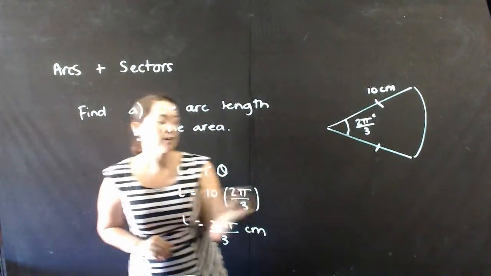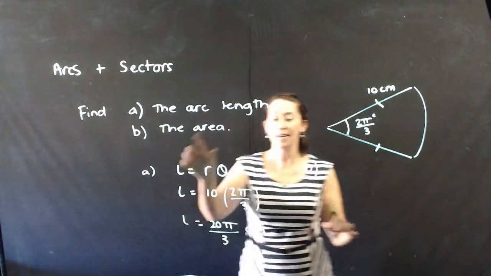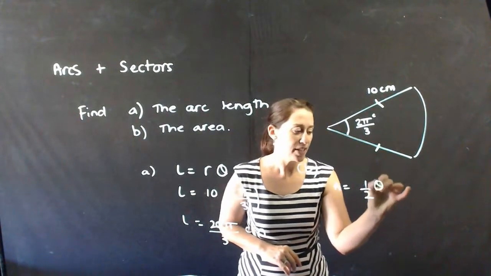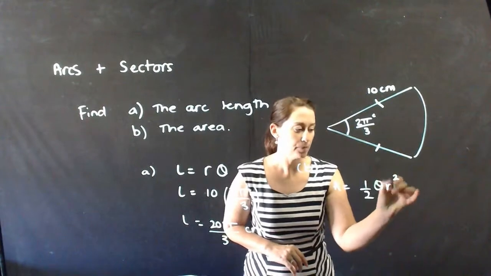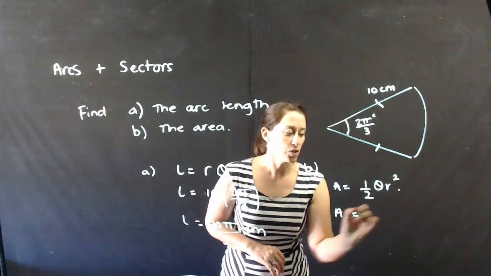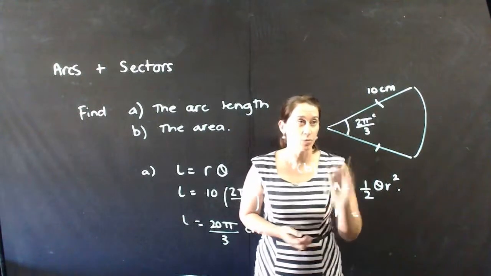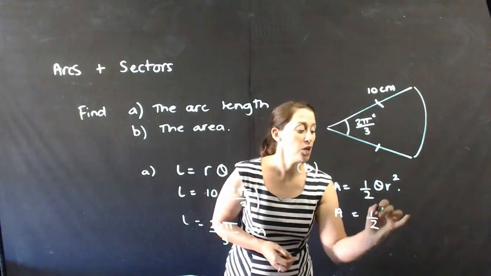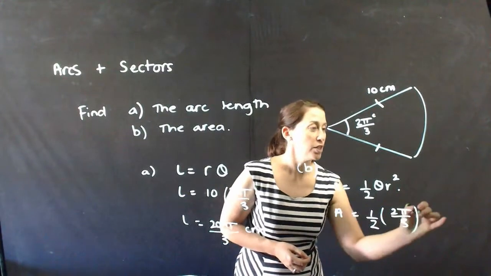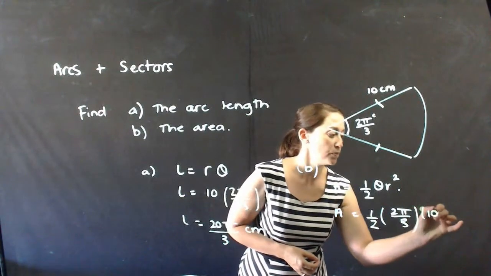Now let's do the area. So area, again, remind yourself of the formula. The area is 1/2 theta r squared. Now, by substituting the values in, I've got 1/2 multiplied by 2 pi upon 3 multiplied by 10 squared.